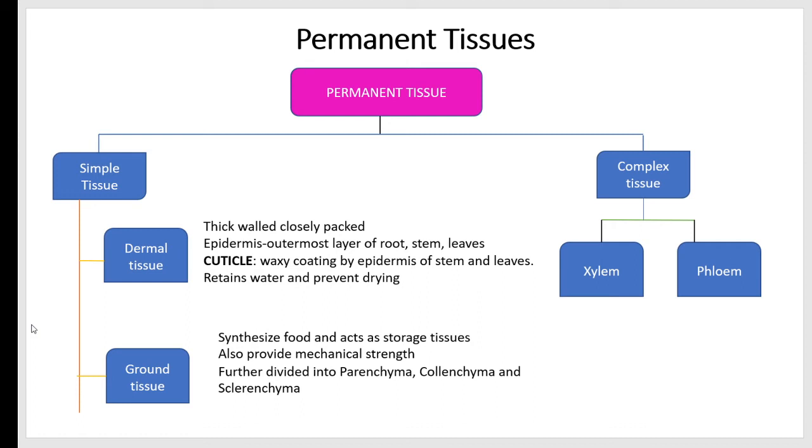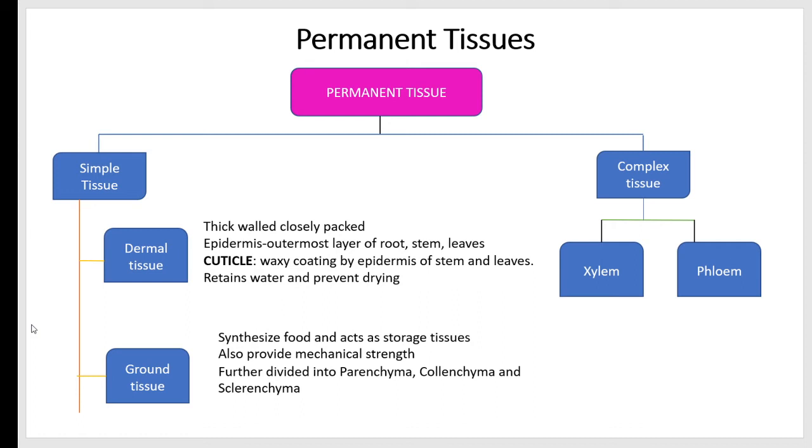Another is ground tissue. Ground tissue is responsible for synthesizing food and acts as a storage tissue. The plant prepares the food with the help of photosynthesis. Now, where that food needs to be stored, it also requires a storage tissue. So that storage tissue is known as ground tissue.